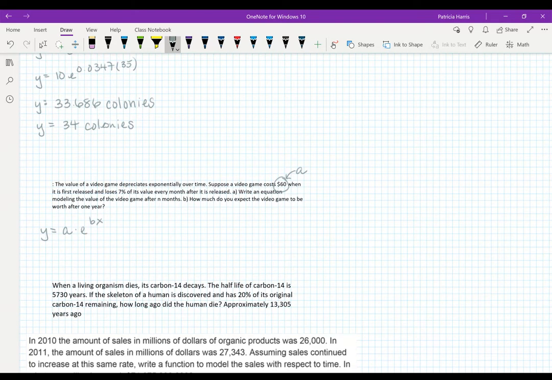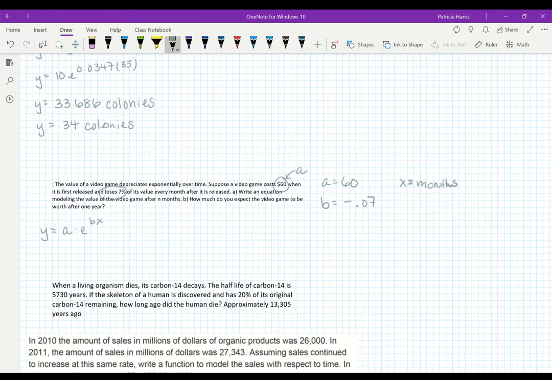Since we're losing 7% of our value, that tells us our B. So if 60 is our A, our B should be negative, because we're losing, 0.07. Remember that x is in months.